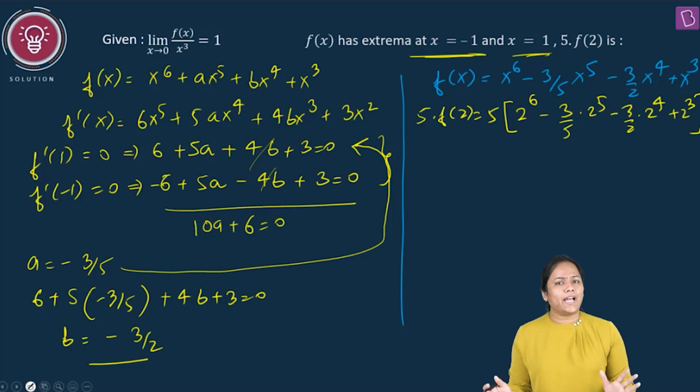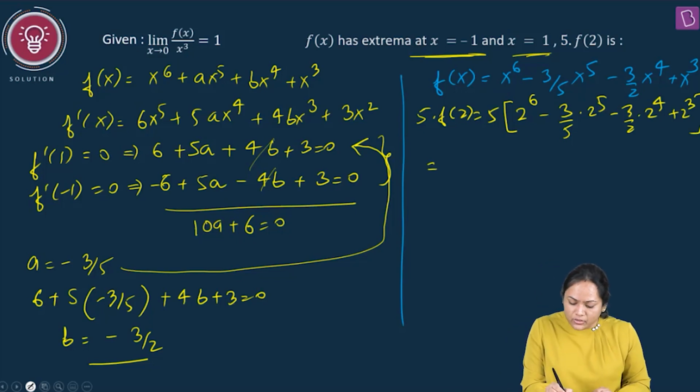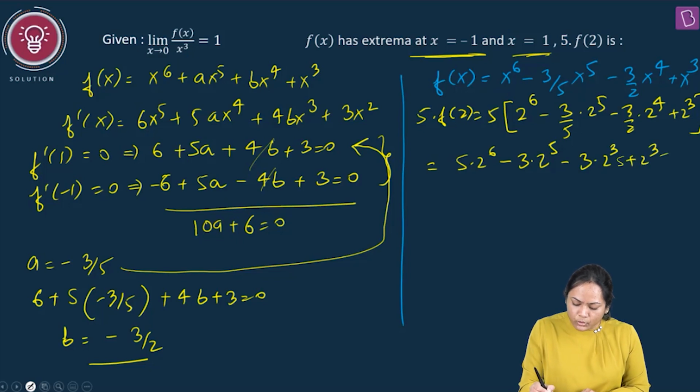This obviously can be solved in a very easy way. So it's going to become 5 times 2^6 minus 3 times 2^5 minus 3 times 2^3 plus 2^3, which further can be written as 32 multiplied by 7 minus 10 into 2^3.